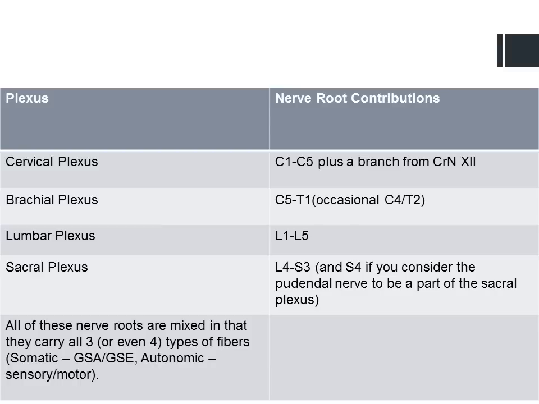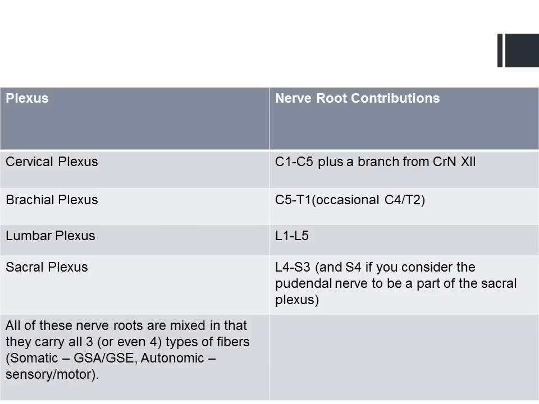And all of these plexuses and all of these nerve roots, all the way from the top of C1 to the bottom all the way down to S4, all of these nerve roots are mixed in that they carry all three of the types of fibers that are described in the AMA guides, and we even talked about a fourth type of fiber traveling in these spinal nerve roots, and that is there are both somatic afferent and efferent fibers.